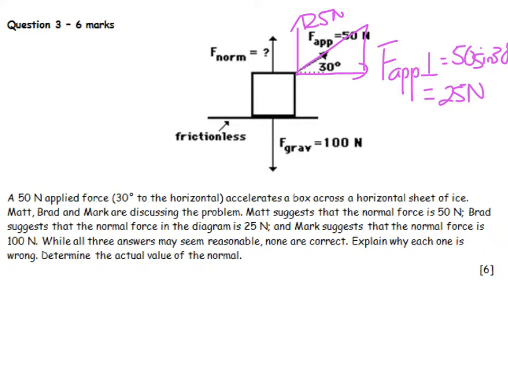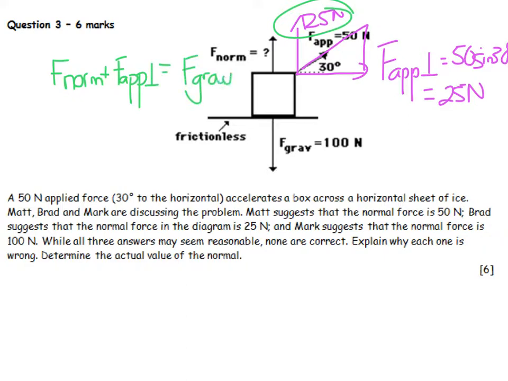And then the next one is to say, what about the normal force now? So if I have got big minus small, force normal plus this 25 newtons plus F app perpendicular must be equal to F grav.